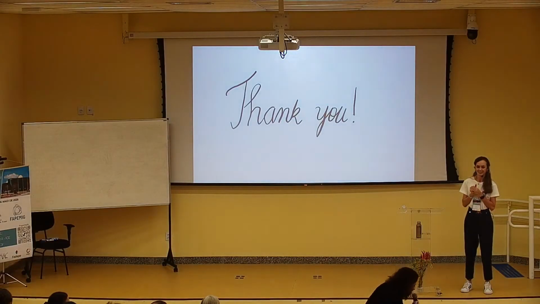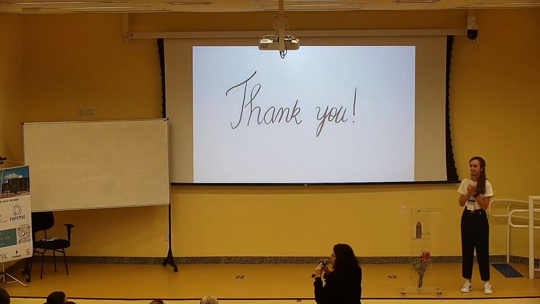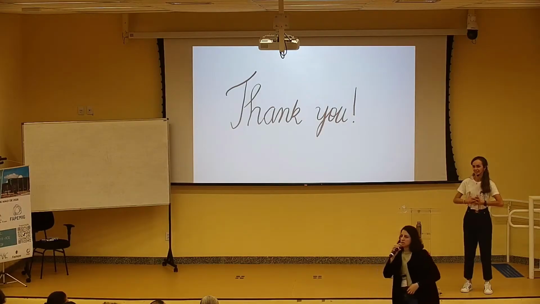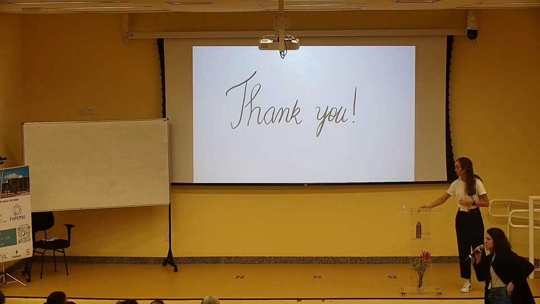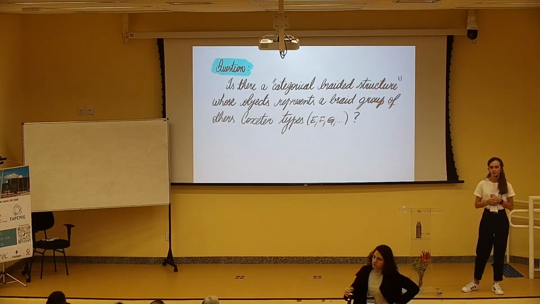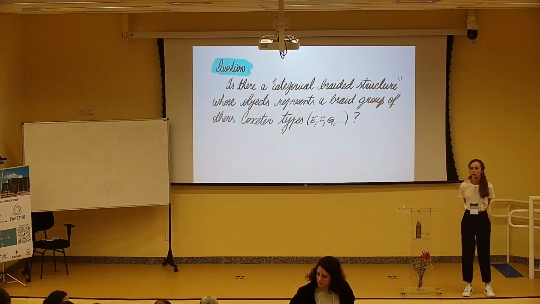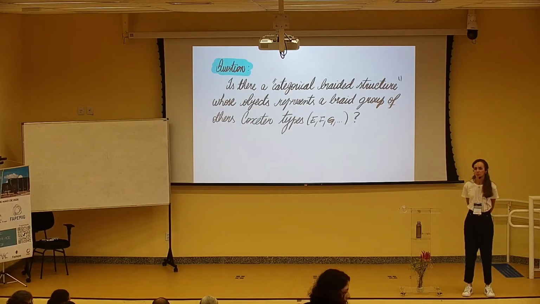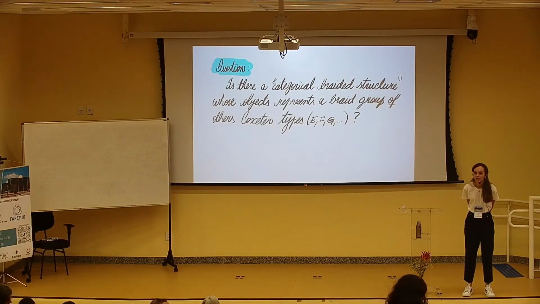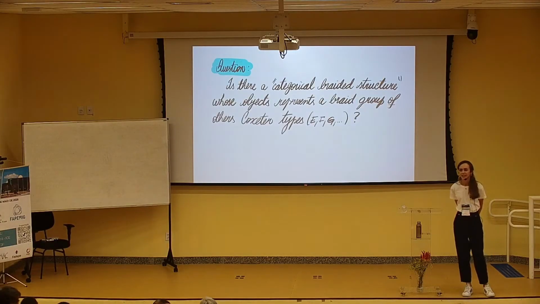Monique, do you have comments, questions? Thank you, Monique. I wonder if there is some counterexample where the representations of the braiding are equivalent, but the categories of modules are not Morita equivalent.